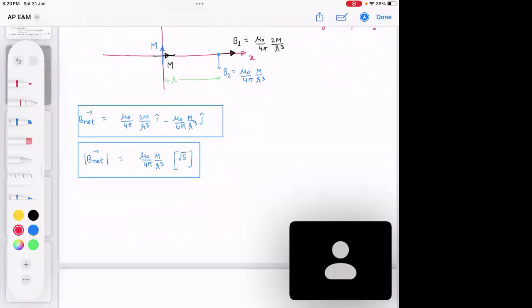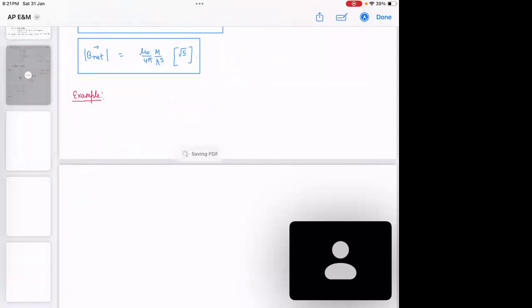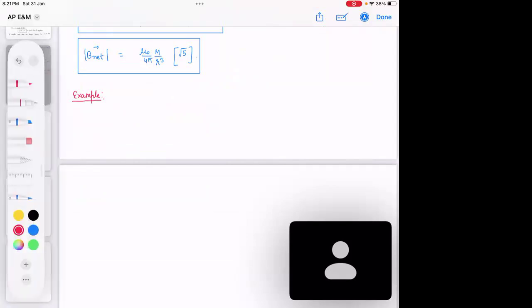Okay, let's take another example. In this example, what is given to us? You can learn this as a formula, or you can learn this as a result, as a question also. There is a dipole given in the question, something like this.